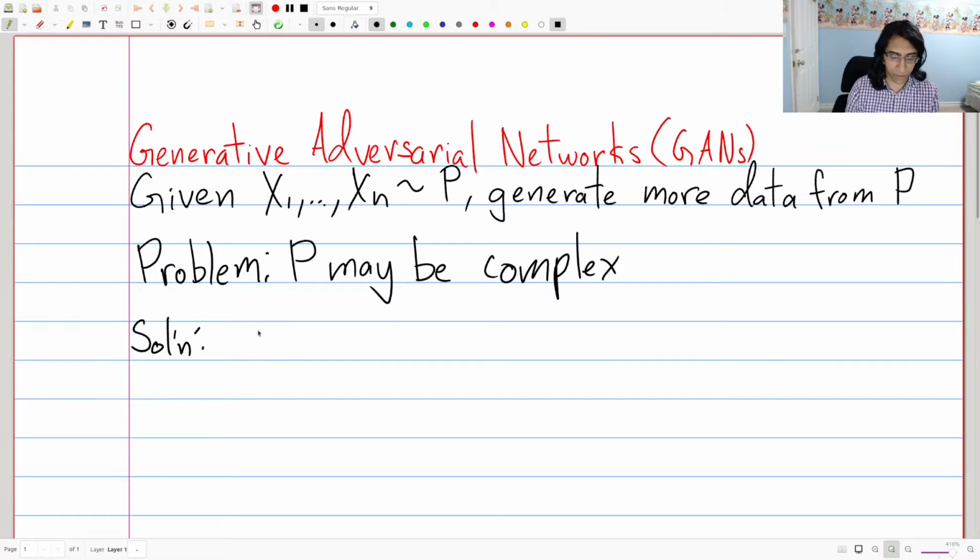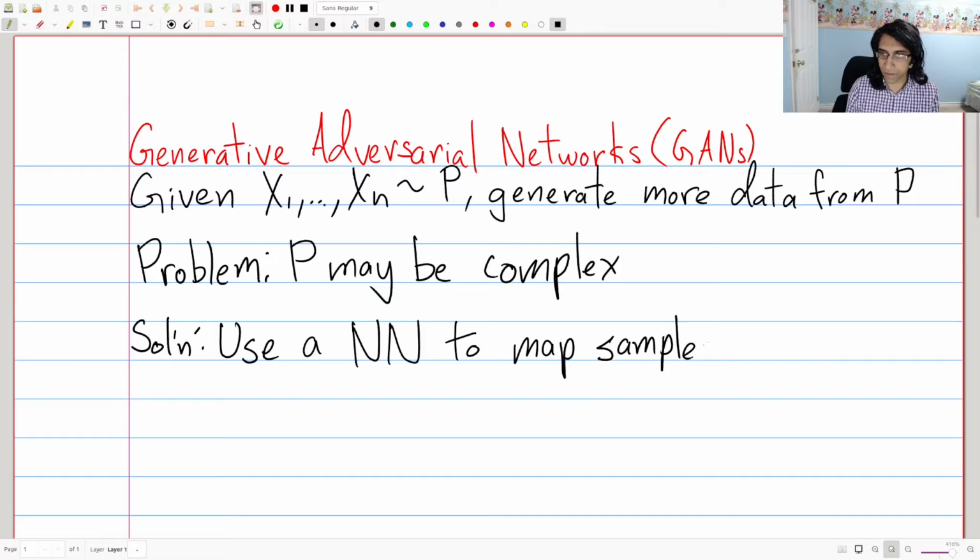We'll simply let a neural network do all the work for us. So the way we're going to solve this is use a neural network to map, basically starting with a standard normal Gaussian N(0, I), and these are mapped to samples from P.